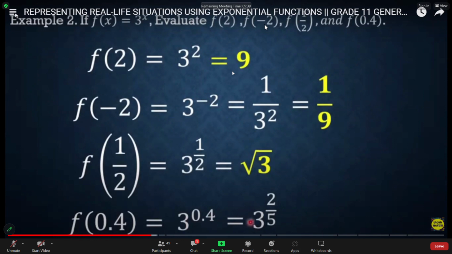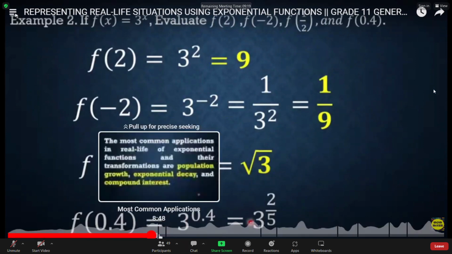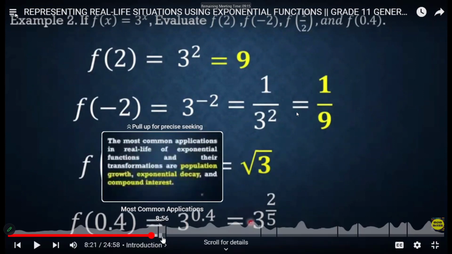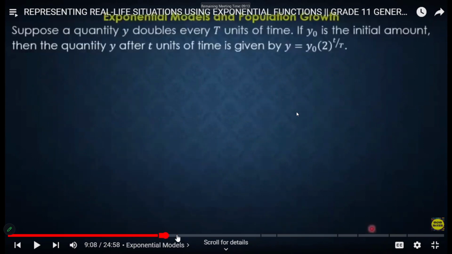We're going to substitute that negative 2 to the exponent if you are going to find f of negative 2. If you have f of 1/2, you substitute 1/2 in the exponent. Let me repeat, the unknown for an exponential function is in the exponent.